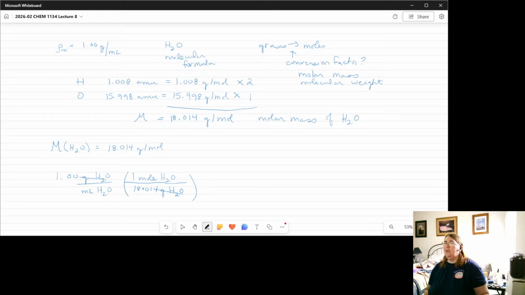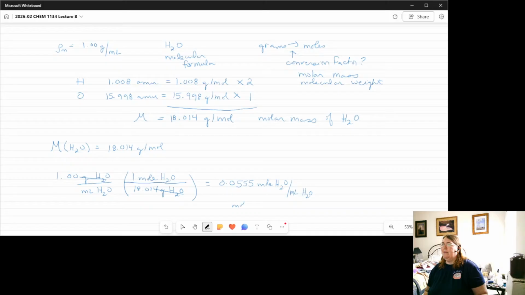It gives me moles per milliliter. So 1 divided by 18.014 is 0.0555. This is a division problem, so I should end with 3 significant figures: 0.0555 moles of water per milliliter of water.